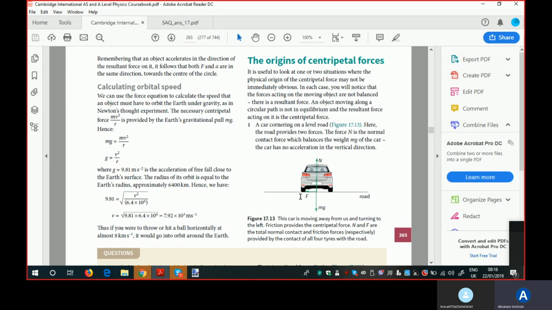And the frictional force is always parallel to the two surfaces. Remember, these frictional forces are always parallel to the two surfaces, whereas the normal contact force is always perpendicular to the surface it is exerted from. And one more thing, the weight is always vertically downwards towards the center of the Earth.